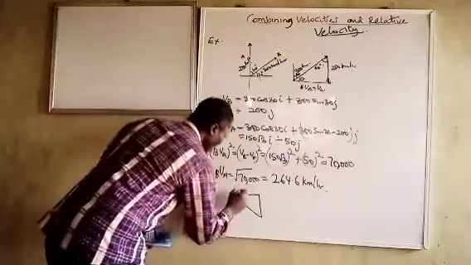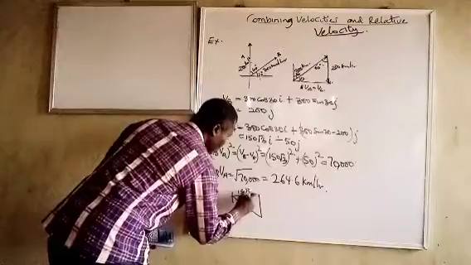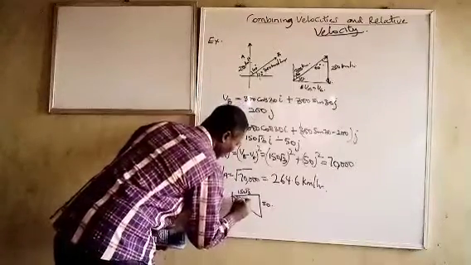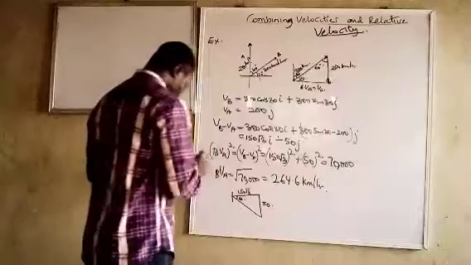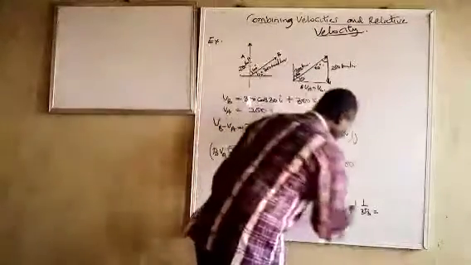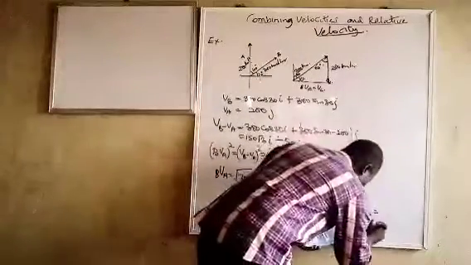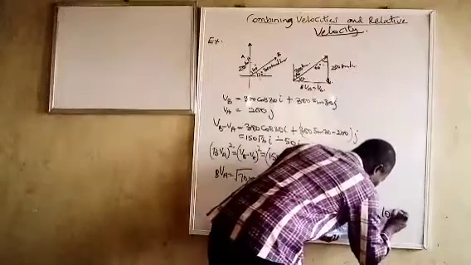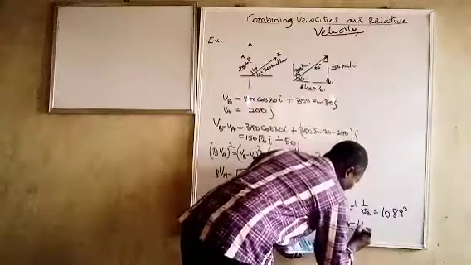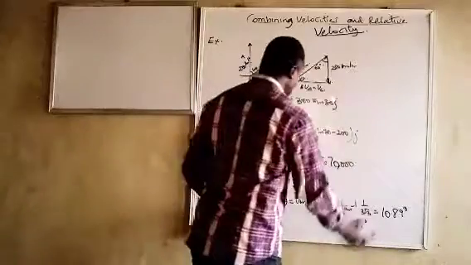We have 150 root 3, and we have this angle as theta. Let's find theta now. The answer for theta is 10.89, approximately 11 degrees towards the downward direction.